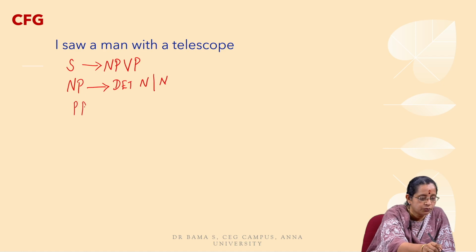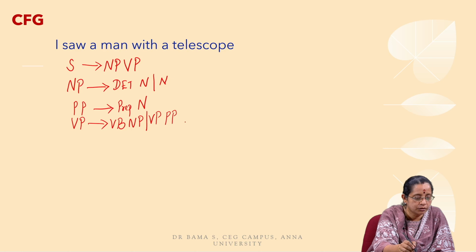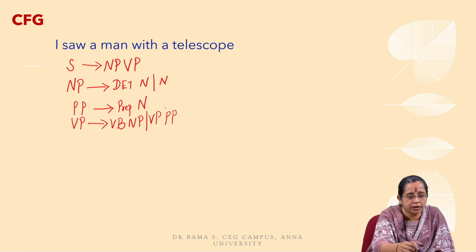A prepositional phrase is a preposition along with a noun or noun phrase. A verb phrase can be a verb with a noun phrase, or a verb phrase along with a prepositional phrase. So, these are the 4 context free rules that we can use in order to draw this parse tree.